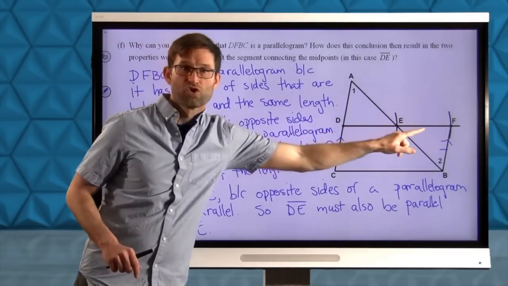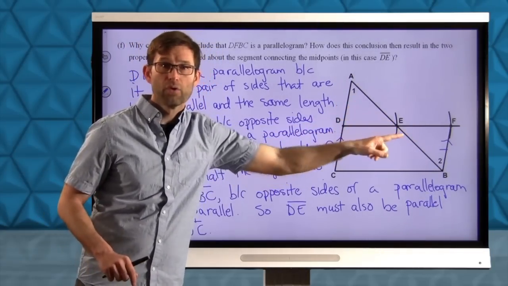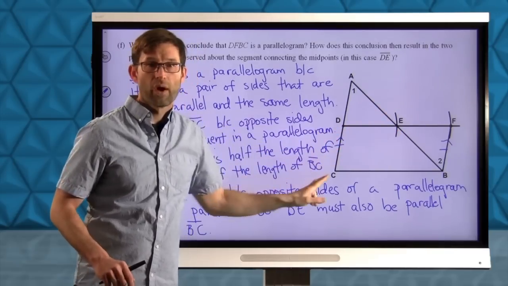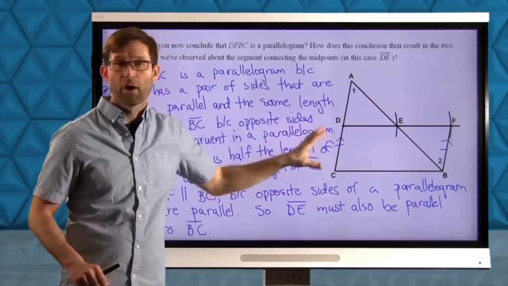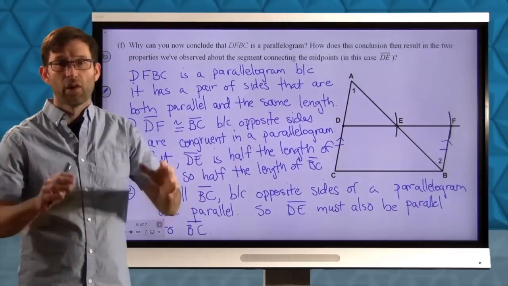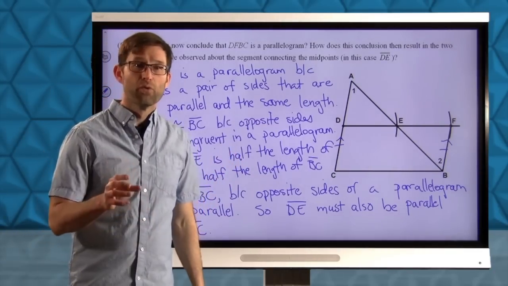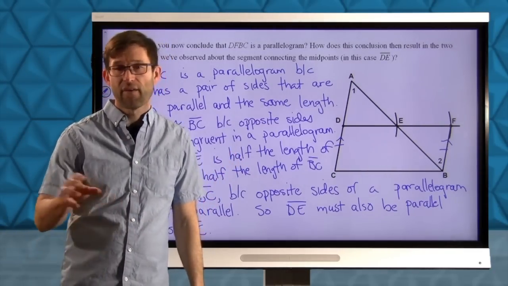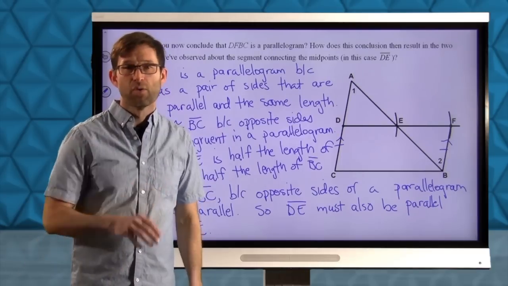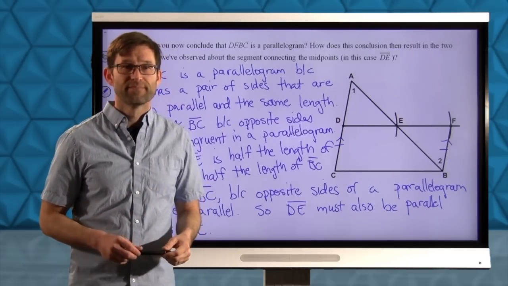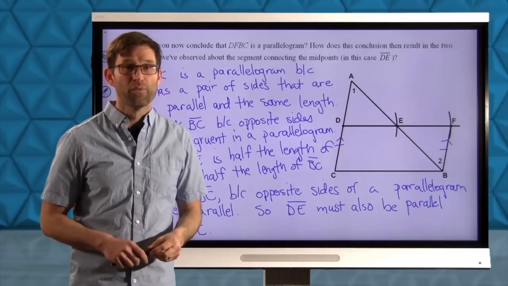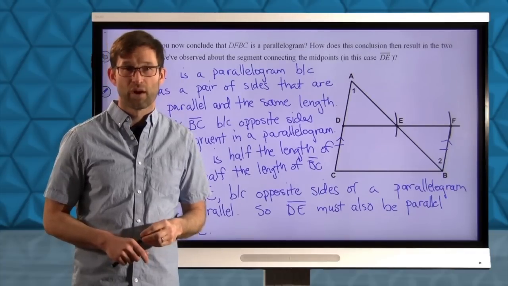It puts together constructions to create congruent triangles. Because of those congruent triangles, we can then prove that we've got a parallelogram. And because we've got that larger parallelogram, we can then prove that a part of that parallelogram is half the length of one of them and also parallel to the other side. All right, that concludes the proof of the midpoint theorem for triangles.